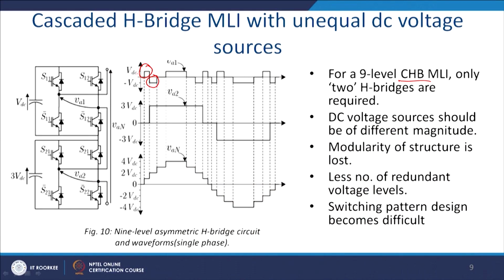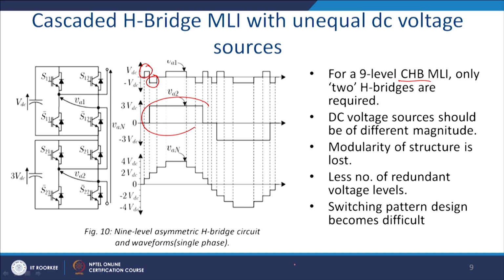So, you can see that you can generate plus VDC or minus VDC. In that way you can generate different voltage levels. So, this is another voltage level, ultimately by this, 2 multi-level inverters can give you a 9 level.